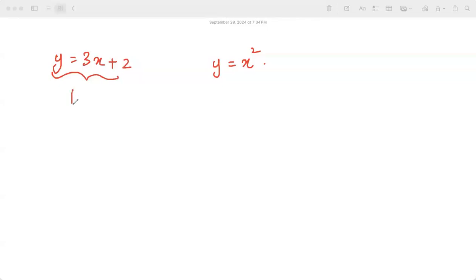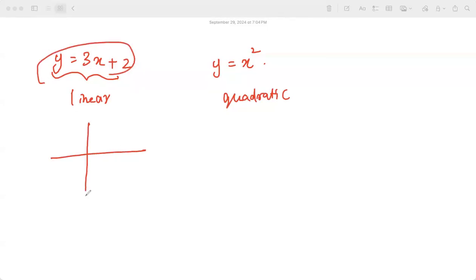That's linear. This is a quadratic, right? Now, how many times will this line cross the x-axis? Once. Definitely once it crosses the x-axis. Why? Because the highest power of x is 1. Did you see that pattern?